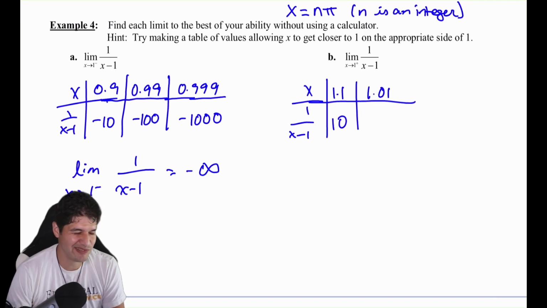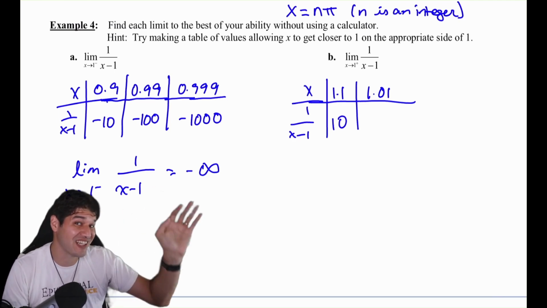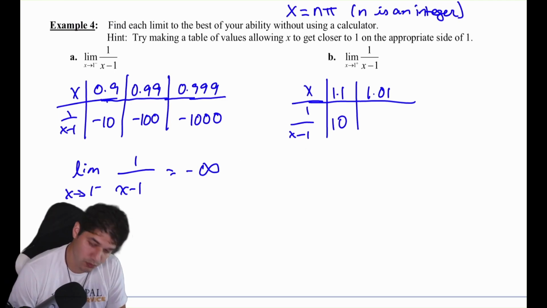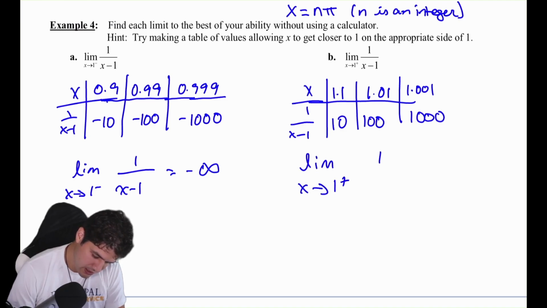It's not going to be the exact same pattern as our table here. It's not going to be 1.11 because then you're getting further away from 1. So 1.01 is going to get me 100. Then we're going to get even closer to 1 from the right side, 1.001, and that's going to get me 1,000. And so the pattern: the limit as x approaches 1 from the right side of 1 over x minus 1 is equal to positive infinity.